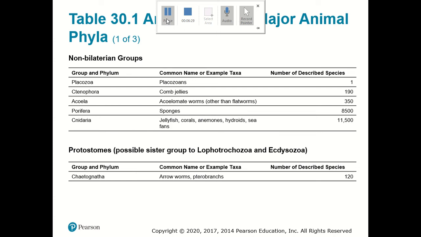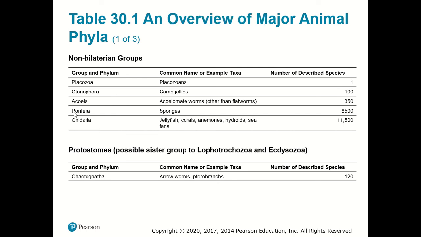First and foremost, the non-bilaterian groups, which include all of these phyla and these many species. Non-bilaterians are characterized by the fact that they do not manifest bilateral symmetry in their bodies.